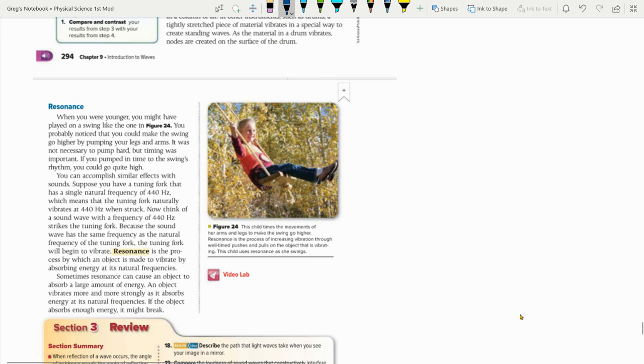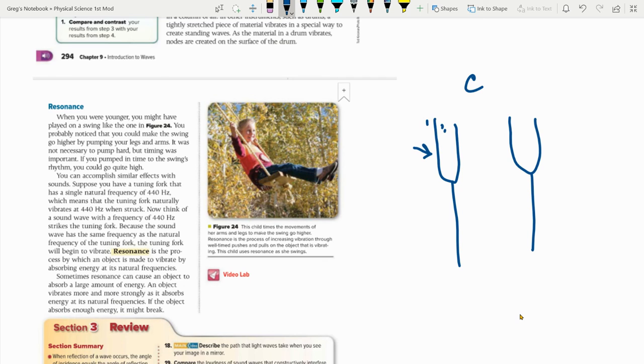Resonance means if I have two waves that are exactly the same, let's just say I have tuning forks. Those are going to be garbage tuning forks, but I'm trying. Here's my tuning forks, and let's just say these tuning forks are in the key of C. If I hit this one with a hammer and make it vibrate, and I get these close enough, that vibration moving through the air will cause this one to also start vibrating.